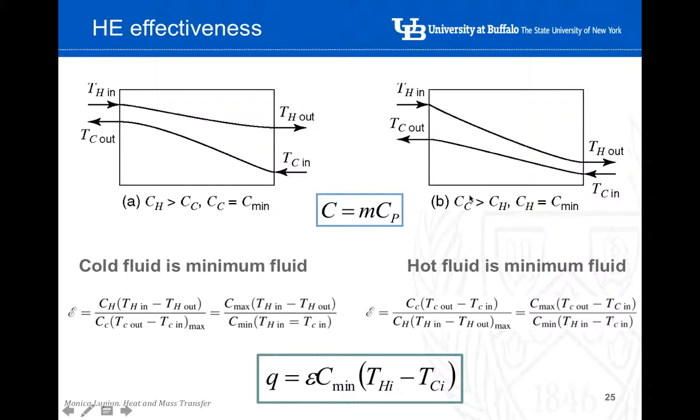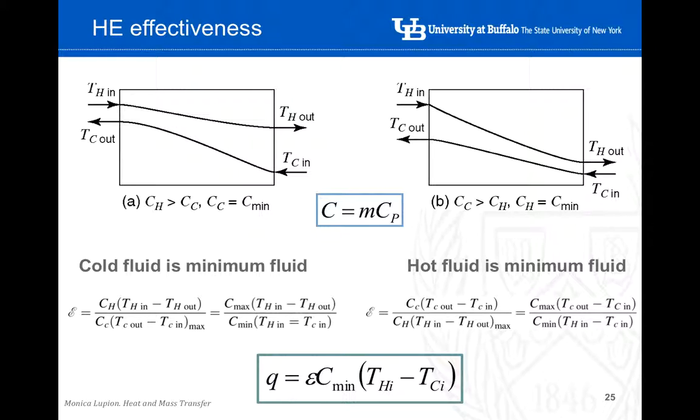The second case is the other way around. So the hot fluid is able to experience a major change in the temperature compared to the cold fluid. So performing the analysis based on this capacity, the capacity is defined, as we know, as the flow rate times the thermal capacity.